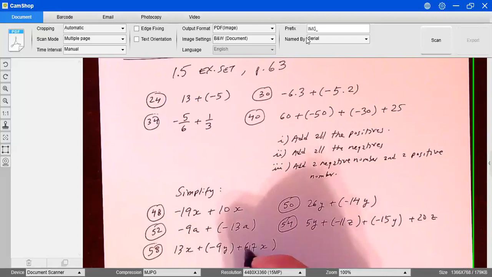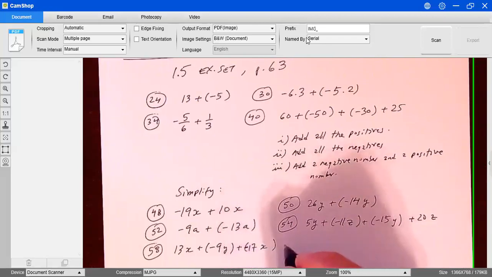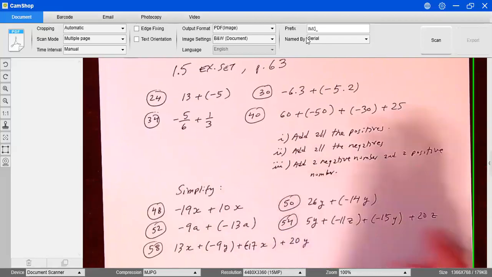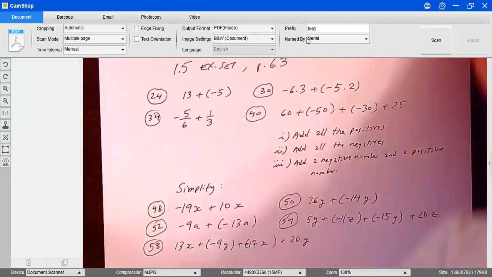So this is a negative, plus 20y. And finally 60.